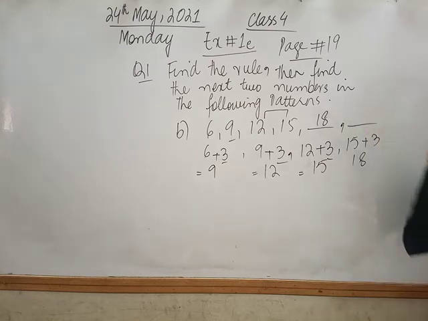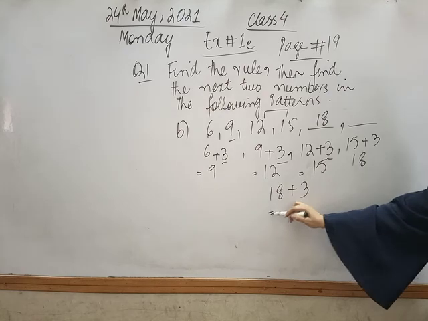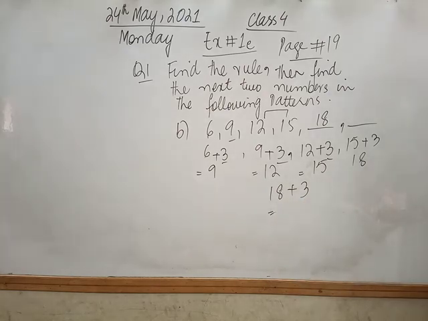Fine. Now we have 18. So what number will I add to it to make the next term? Very good. 3. So when I add 3 to 18, I get 21 in this blank. Fine. So this is my next term.